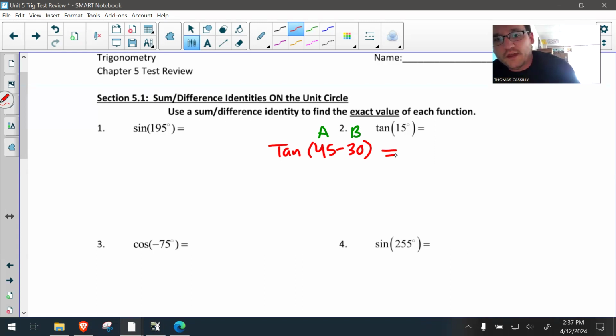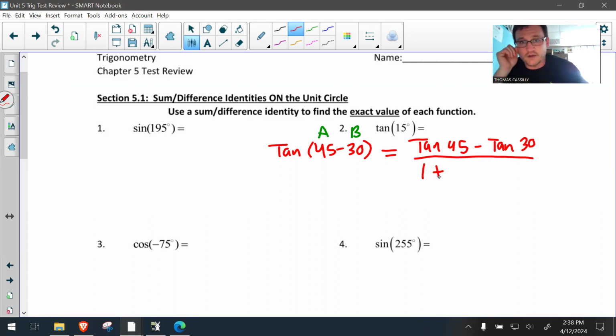That's the tangent of A. So the tangent of 45. You keep the sign the same. So minus the tangent of 30. Right, all over 1 plus. So it's going to be the opposite sign on this one. And then you have the tangent of 45.